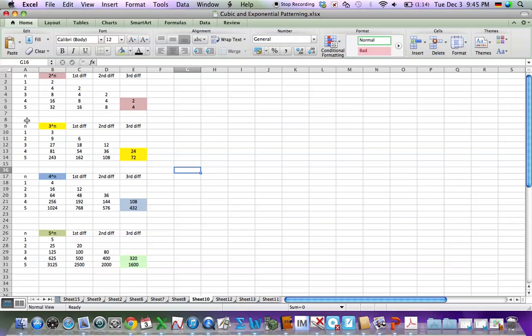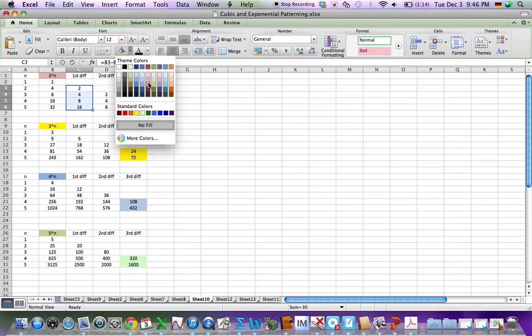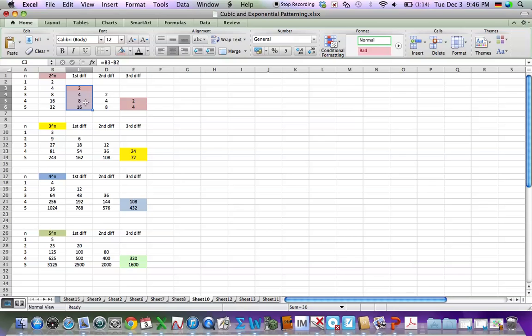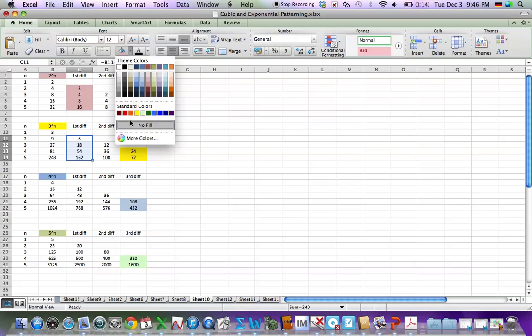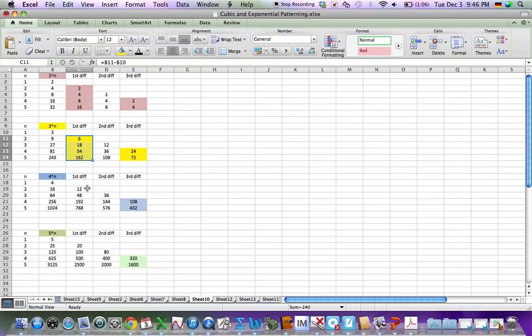Okay, now in each of these cases, I went all the way to the third differences and wasn't getting a constant. But if you look at what's happening with these numbers, it's something pretty telling. So these numbers are all being doubled. These numbers are all being tripled. These numbers are all being quadrupled.